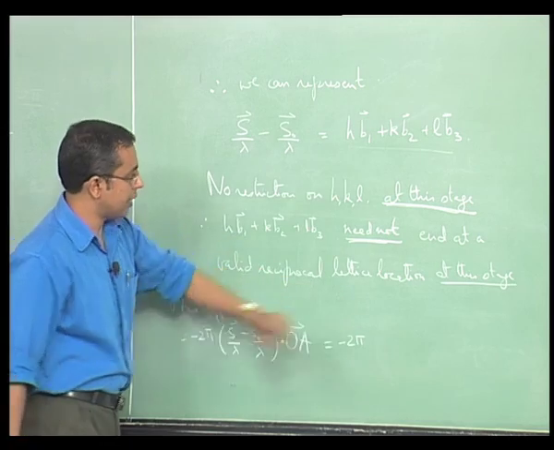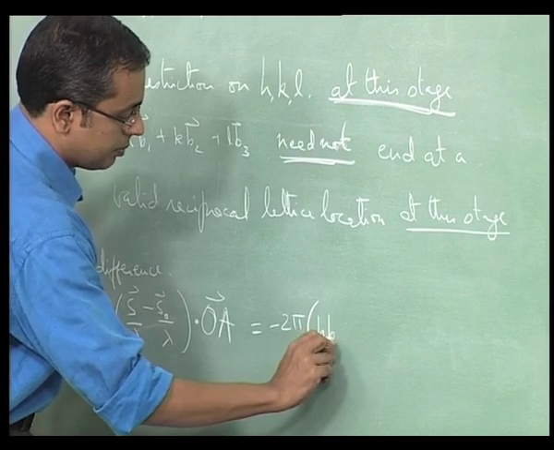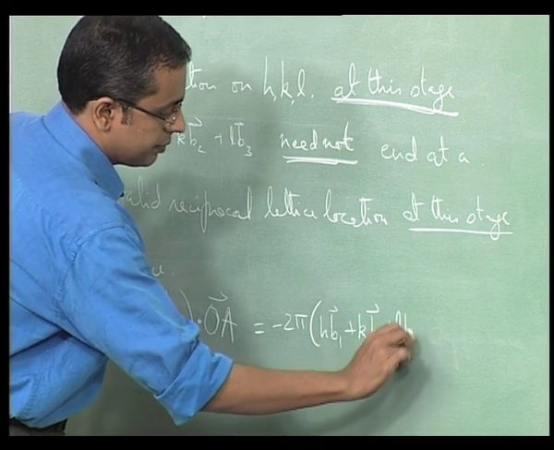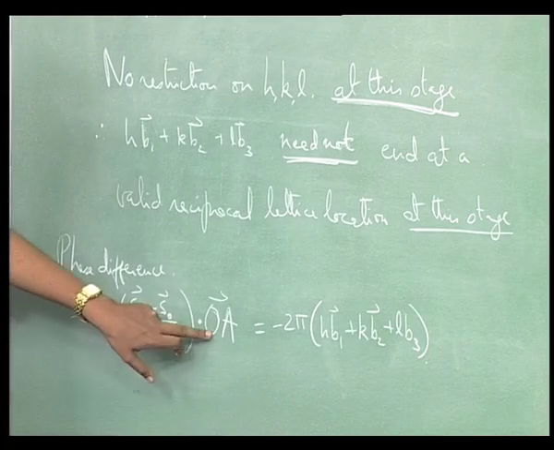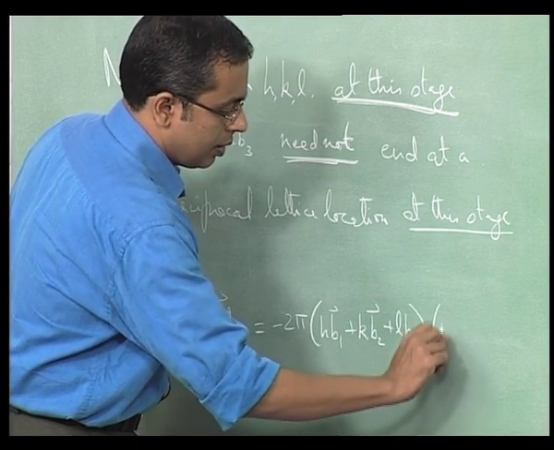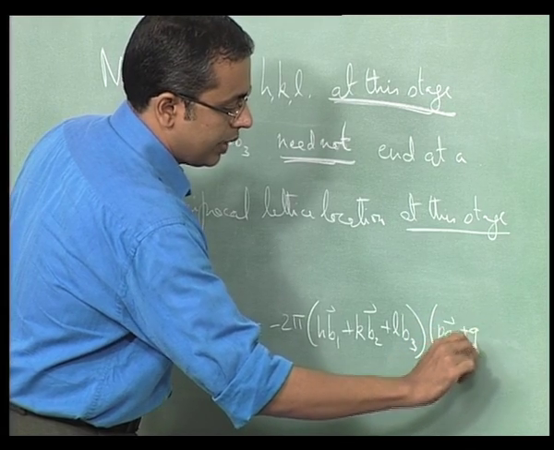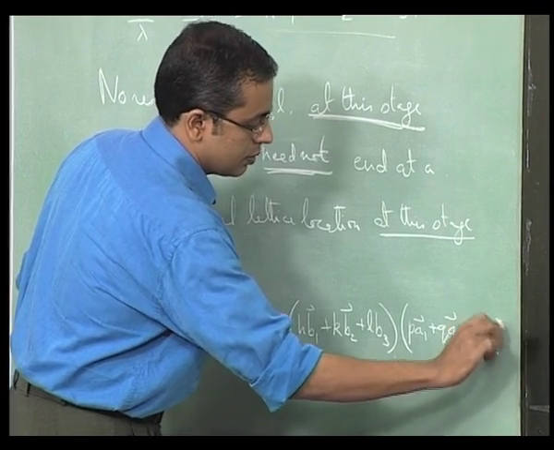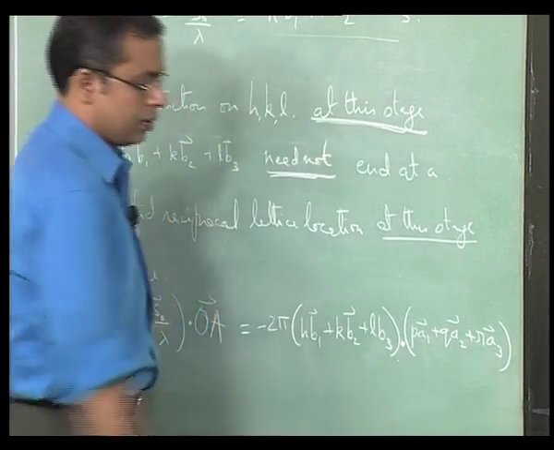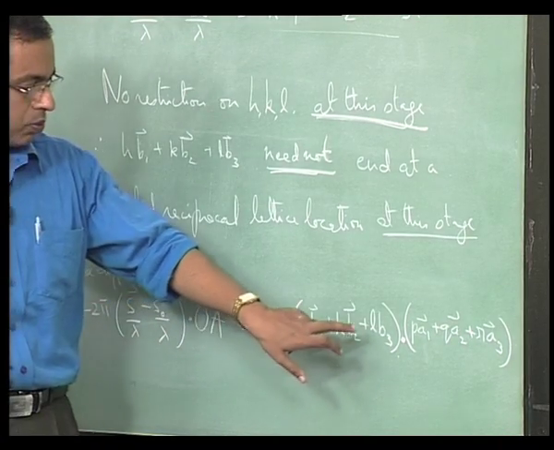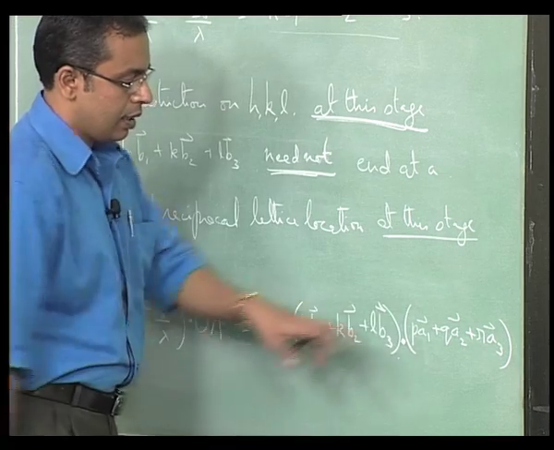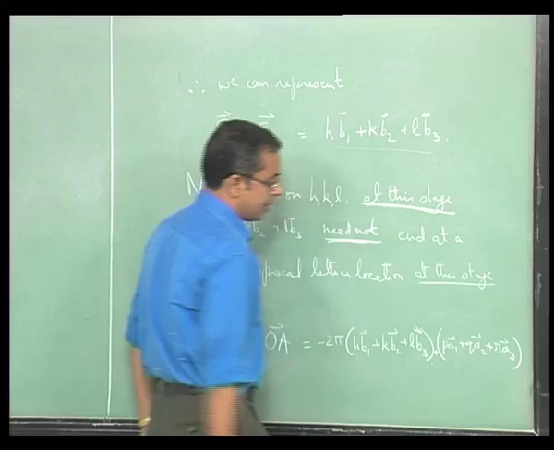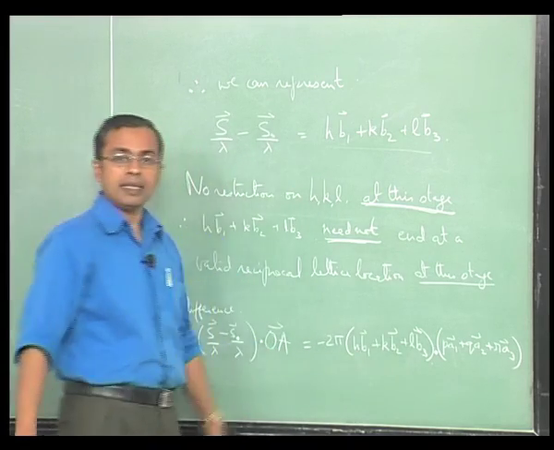So therefore we can write that as that vector there, HB1 plus KB2 plus LB3, right. And OA we have already defined as PA1 plus QA2 plus RA3, and this is a dot product, a dot product of HB1 KB2 LB3 with PA1 QA2 RA3, where P, Q and R have to be integers. At the moment H, K and L could be anything, they need not be integers.